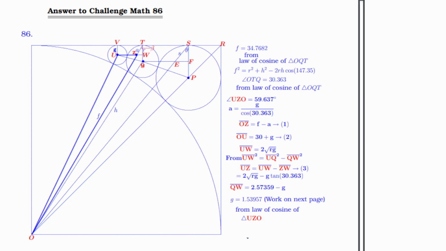And then OU will be 30 plus G, where G is the radius. Another side is F minus A, and on the other side we have UZ, which I put down as 2 root RG minus G times tangent 30.363 degrees. 30.363 degrees is this angle here.